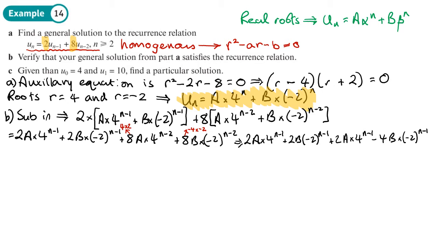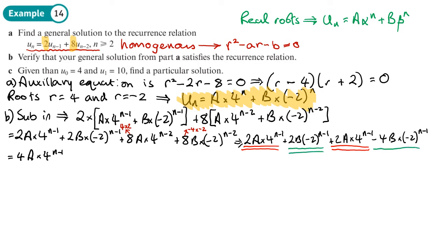Now what we can do is collect together like terms. You can see we've got 2 of these and 2 more of them. So we've got 4 lots of a times 4 to the power n minus 1. So we have 4a times 4 to the power n minus 1. And then we can also put these together.